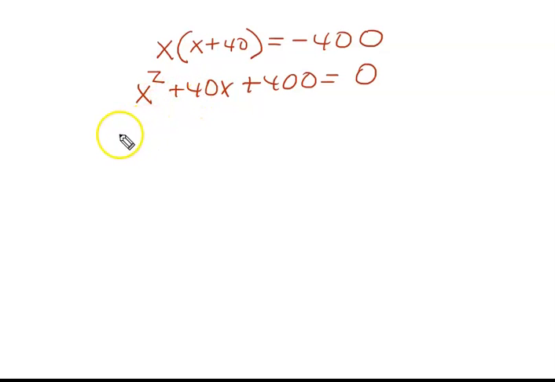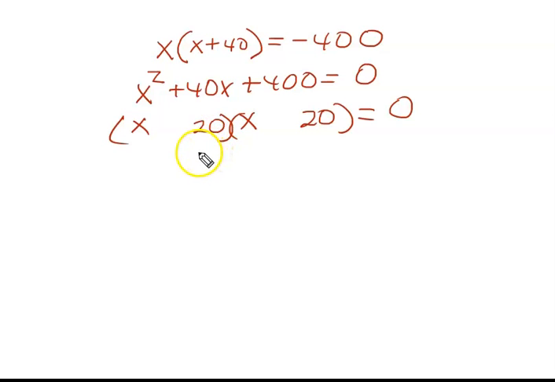Now, I don't know if you notice this, but this is a perfect square trinomial, and 400 is a perfect square, so 20 times 20 is 400, and if we add them up, they add up to a positive 40.